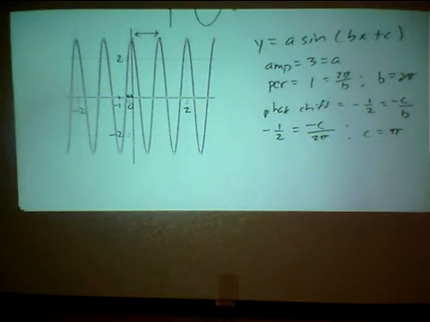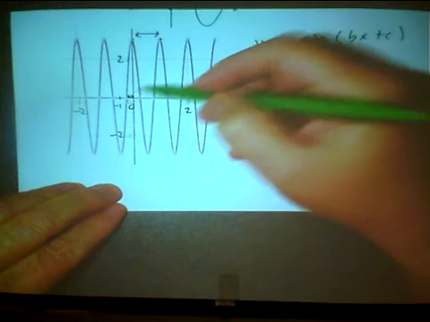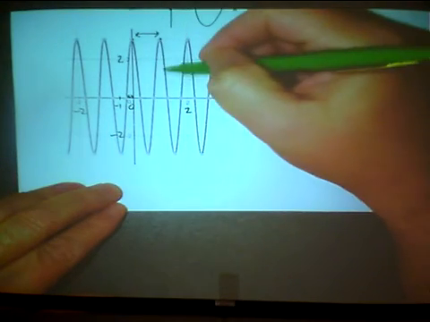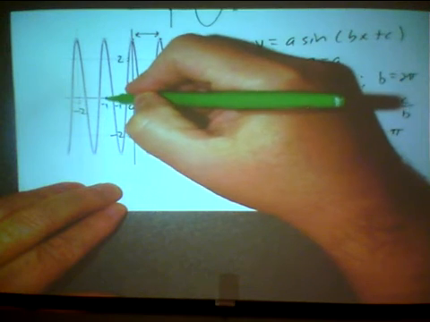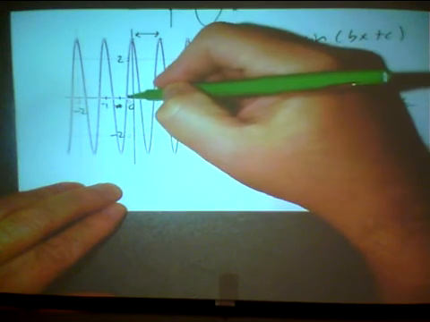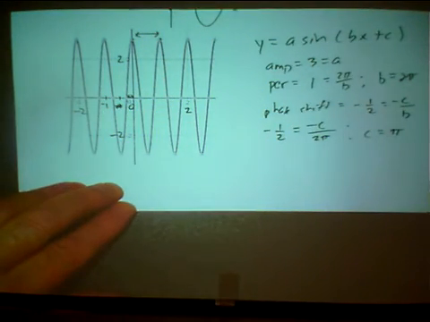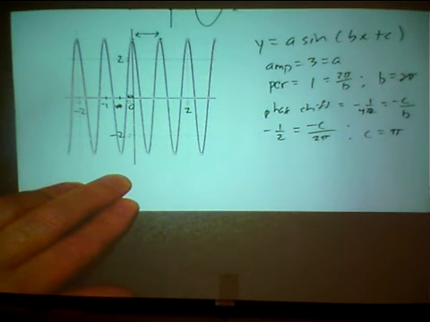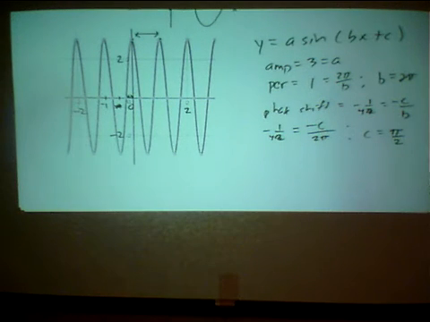I'm a little worried that, let me make sure, although actually, this is not negative 1 here. I think negative 1 is right here. So this here, I think is like 1/4. Sorry. These problems can be sort of confusing. So I think it's going to end up being pi over 2.